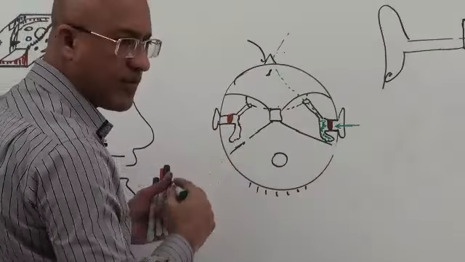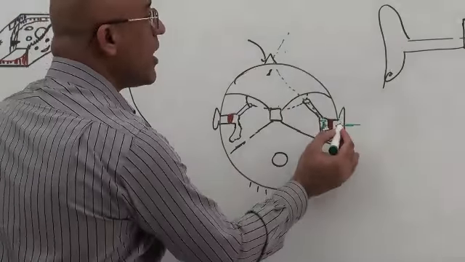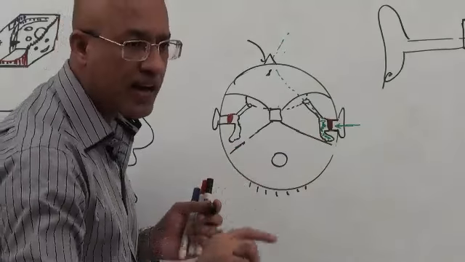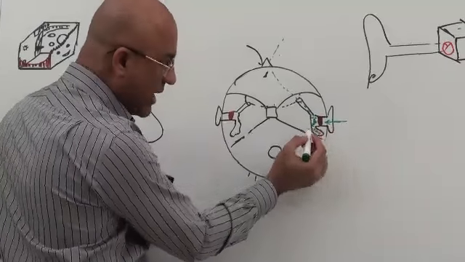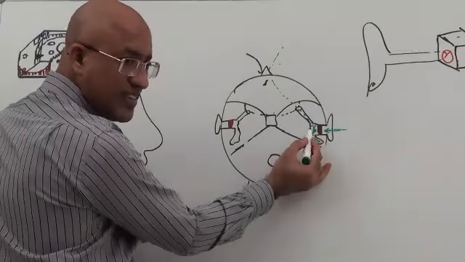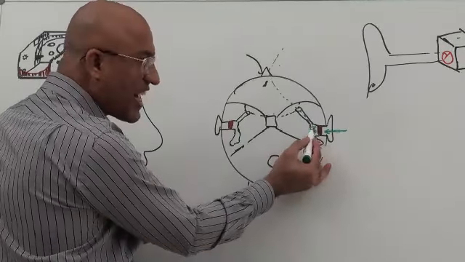But if due to some reason the pressure outside and inside is not balanced, let's imagine the inside pressure is less and the outside pressure is more, the tympanic membrane will bulge inside. It will be sucked inside.